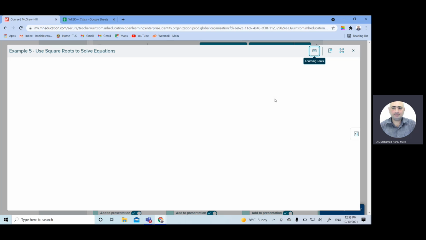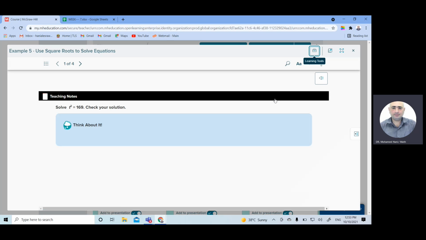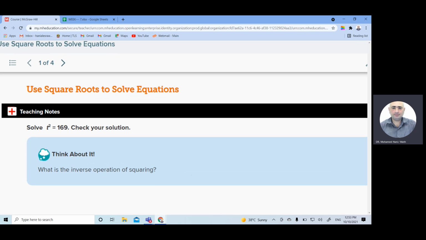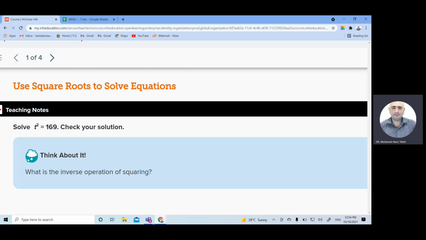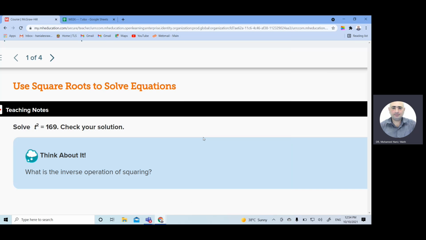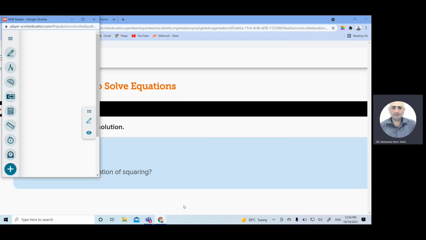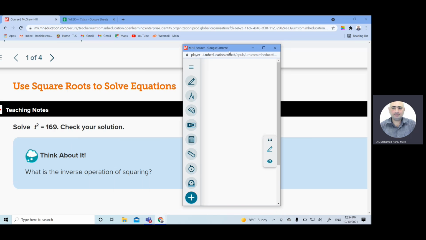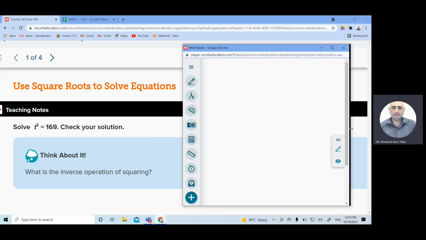Okay, the title now: use square roots to solve equations. We have this example.